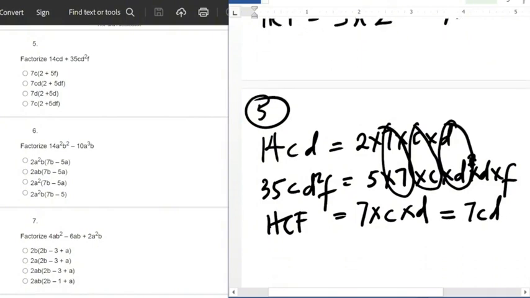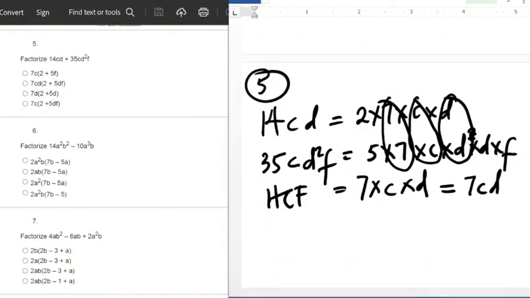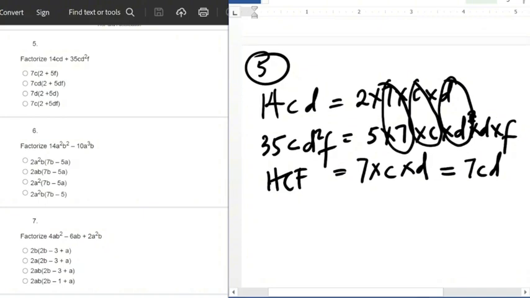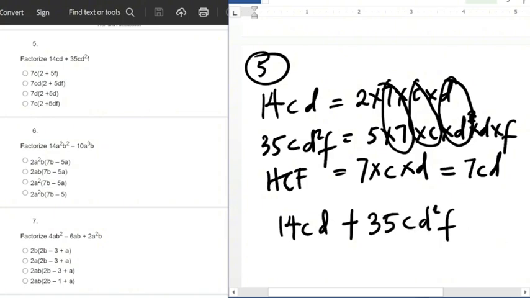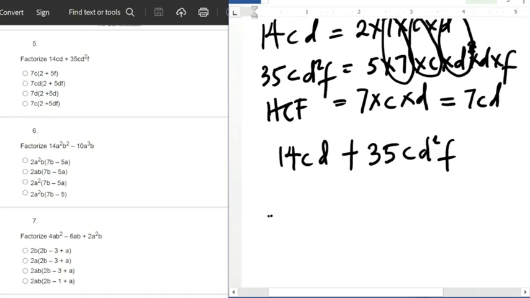But that's not all. What we're going to do next is to factorize. So we repeat the question: 14CD plus 35CD squared F. This will be equal to the highest common factor, 7CD, outside.